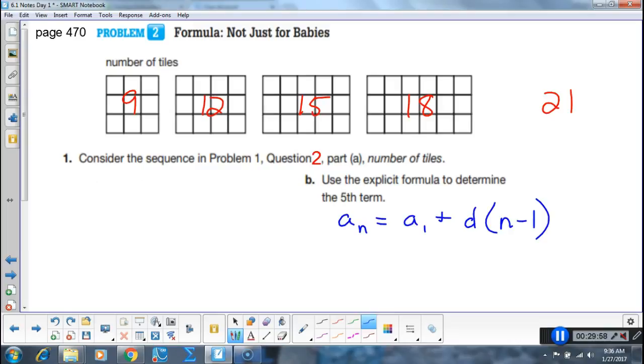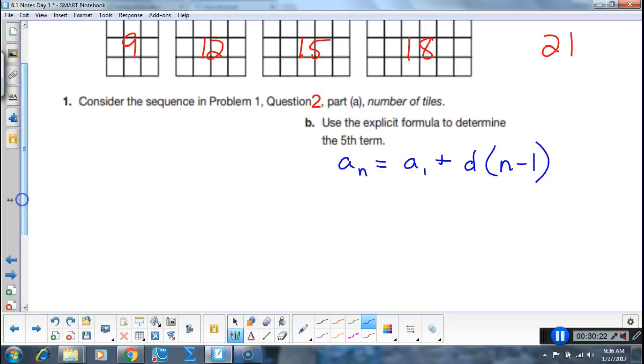Okay? Now, A sub n here is any term that we're looking for. A sub 1 is the first term. D is our common difference. N is the term number that we're looking for. So in this particular case, I'm looking for the 5th term.